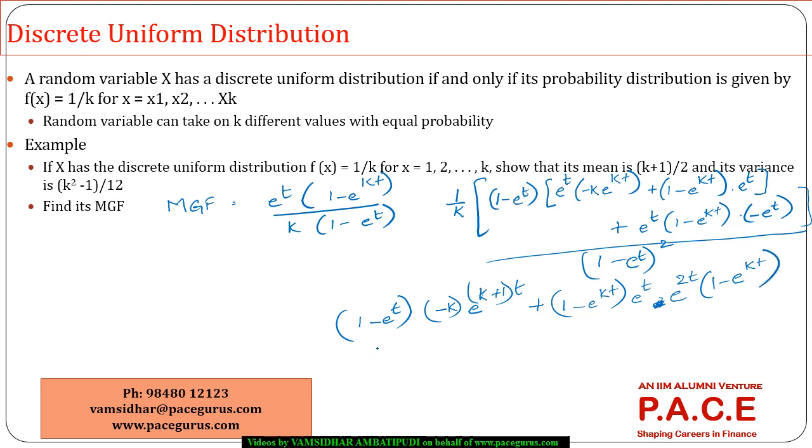Now if I am substituting kt equal to 0 altogether, this is coming out as k and this is coming out as 1 minus e power t squared. Now let me substitute t equal to 0. So this is becoming 1 minus e power 0, which is 1. So this whole thing is going off.